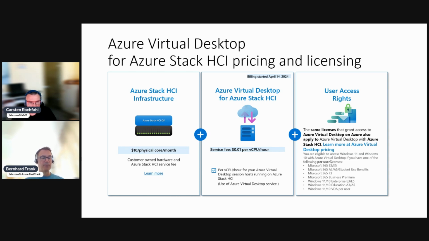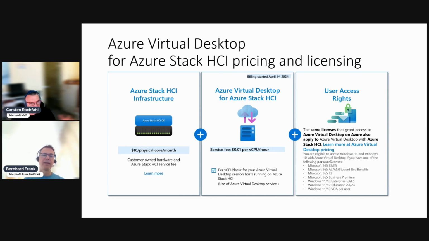That means if you have just one desktop for AVD on your HCI system that has one virtual CPU, I think we would come up with $7.20 per month. If you run it 24/7 for 30 days, that would be 720 hours, multiplied by $1, we have $7.20.